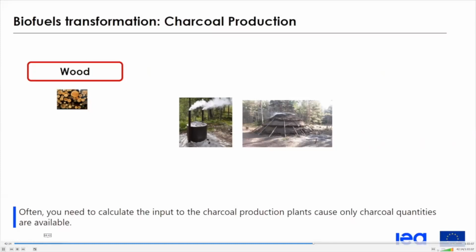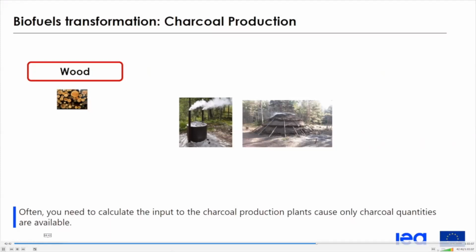The production of charcoal is an output of a transformation process where wood is considered the input. The losses from this are included in the transformation sectors and are checked by calculating the efficiency of the process. Hence, the importance of having some net calorific value for wood and for the charcoal produced so that we can have a clear view on the efficiency of these transformations.